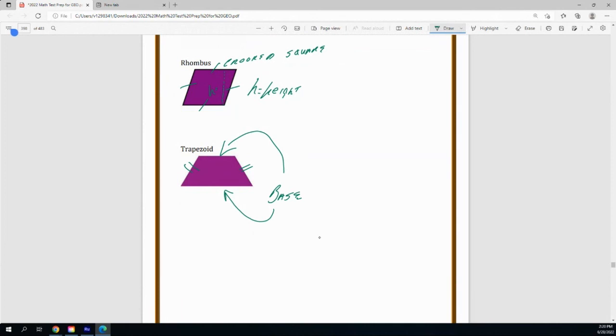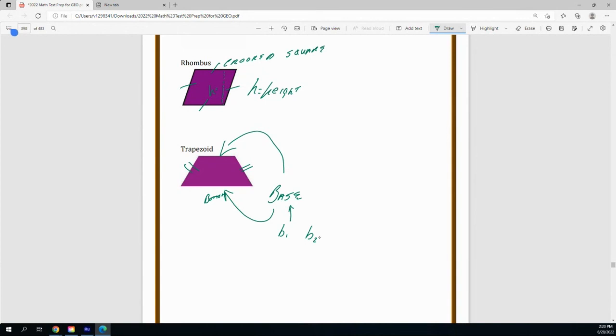So when we start talking about the trapezoid with area, and you see a B for base, you're going to see things like B1 and B2. B1 refers to base 1. We usually would say B1 is the bottom. Does it matter? Not really.